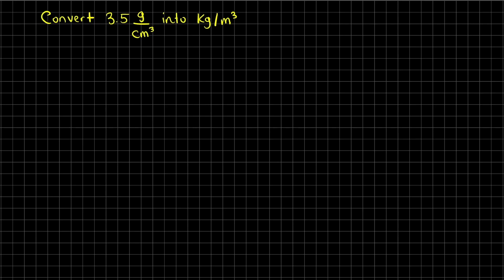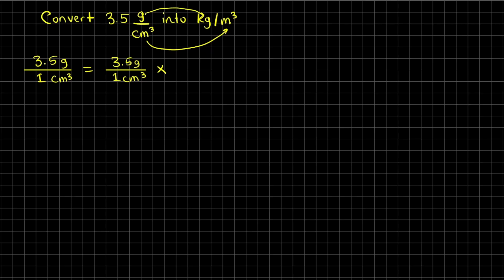We're going to start off with what we have. The 3.5 belongs in the numerator, so I'm going to write it there. 3.5 grams per every 1 centimeter cubed equals 3.5 grams for every 1 centimeter cubed. But I'm going to multiply it by certain conversion factors that are going to take me from grams to kilograms and from centimeters cubed into meters cubed.